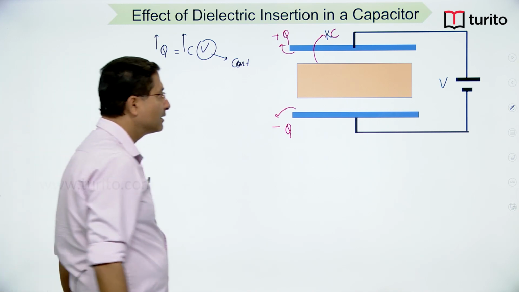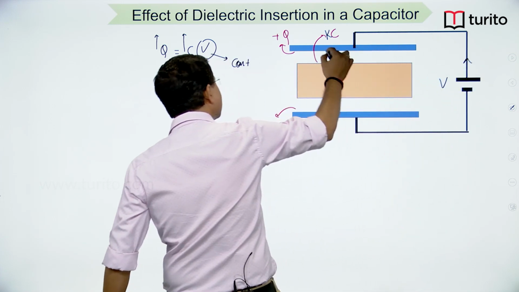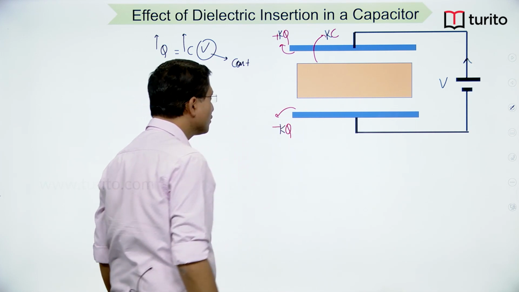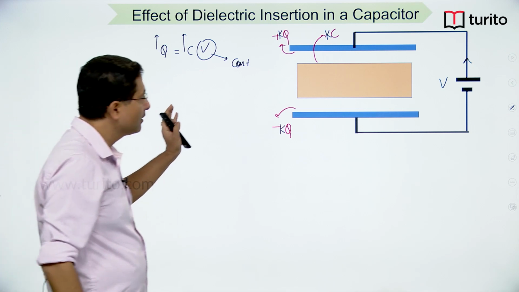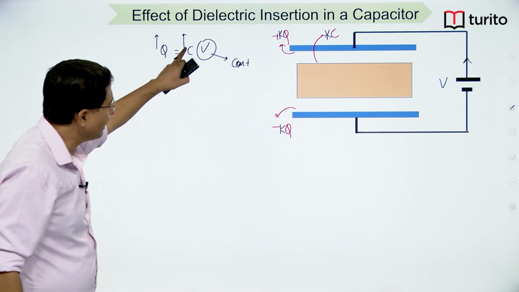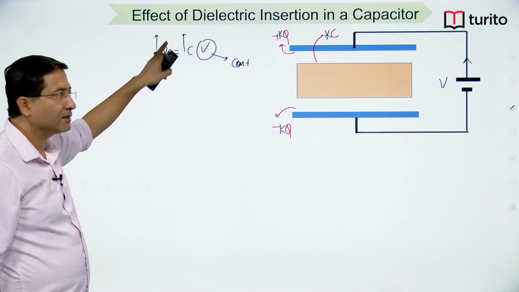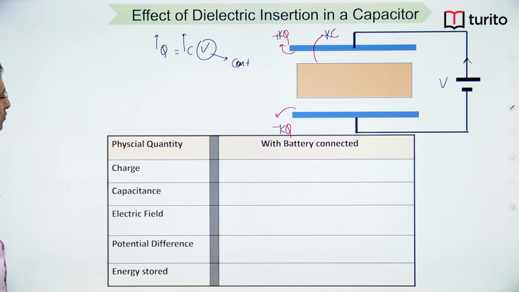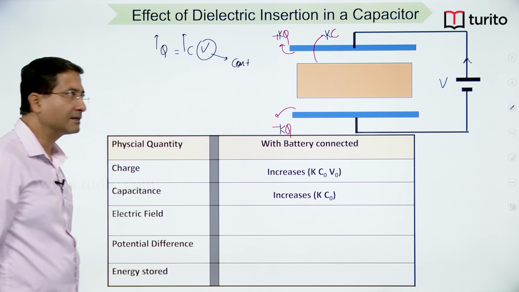So, what happens? Battery will deliver some extra charge, and here charge will become K times Q. So, when dielectric goes inside, capacitance of the arrangement increases as potential remains constant, capacitance is increasing, charge must increase, charge will also become K times, right. So, charge increases, capacitance increases, field inside.